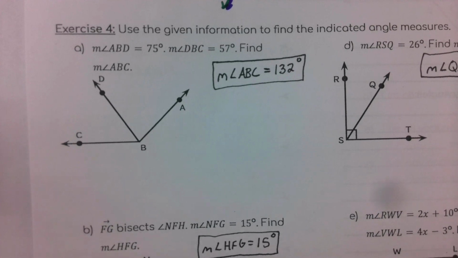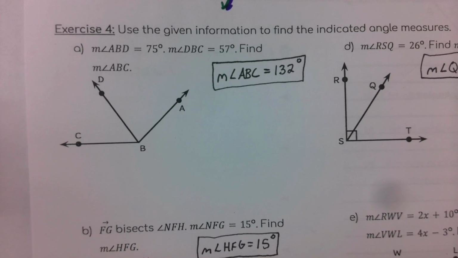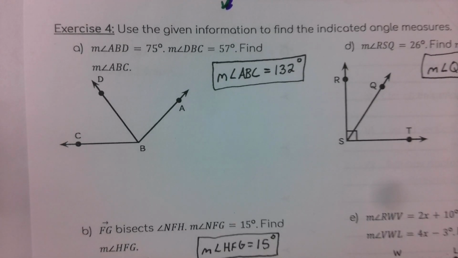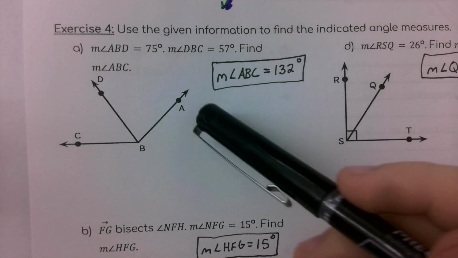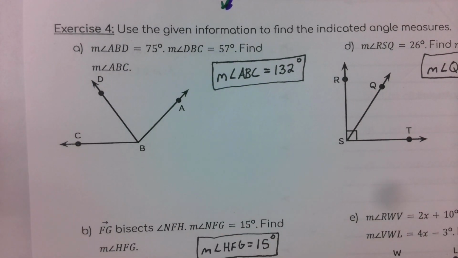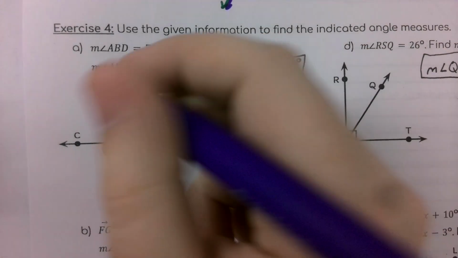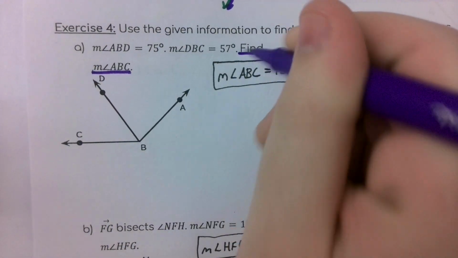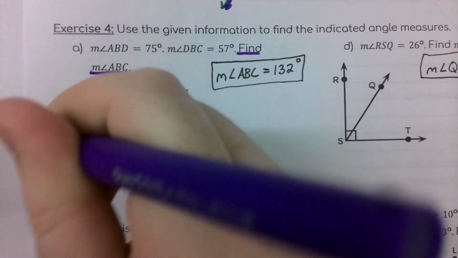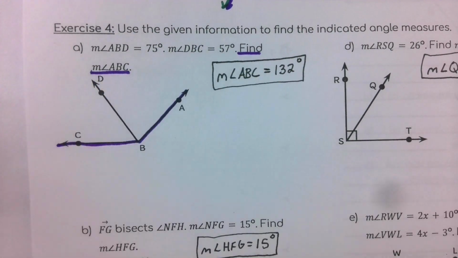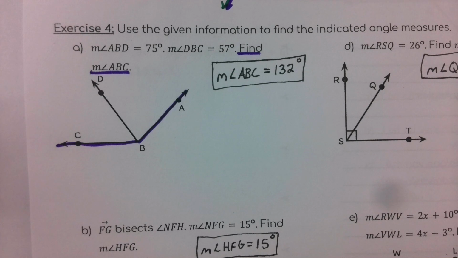So in example A, we have the following. We have an angle here called ABC. And according to the problem, ABC is actually what we're trying to find. It says to find ABC. So we're looking for the entire angle. Now let's start with the information they give us. They tell us the measure of ABD.